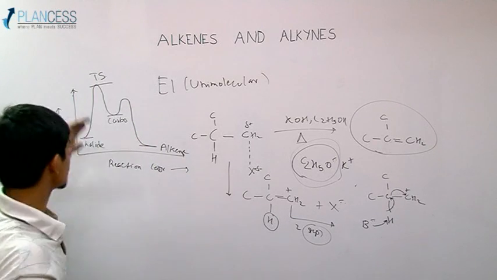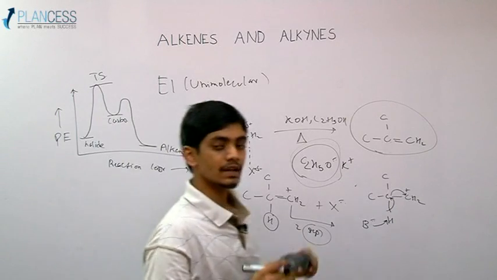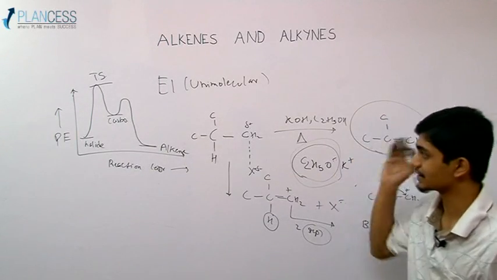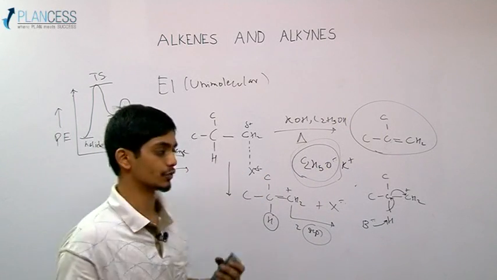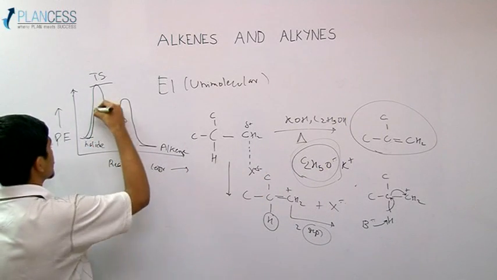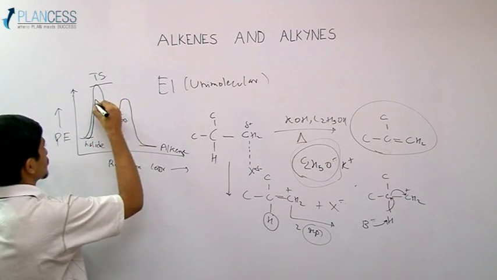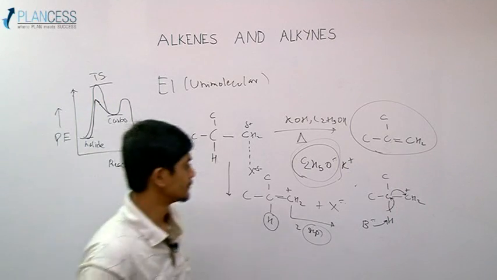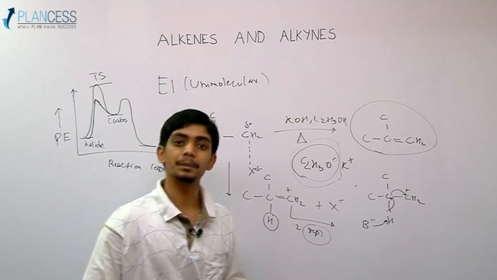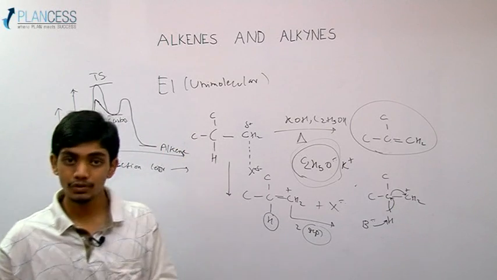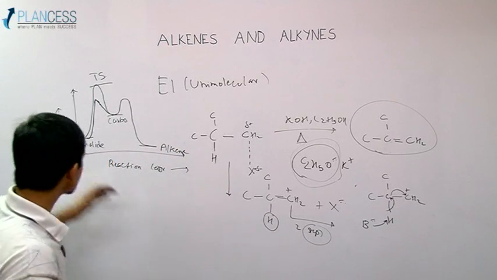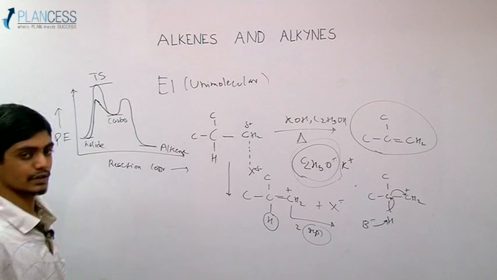Now the stability of this transition state is very important because that determines the rate of the reaction. The more stable the transition state, the lower the energy barrier. So suppose we can make this carbocation, that is, this transition state, more stable in some manner such that the energy barrier reduces.